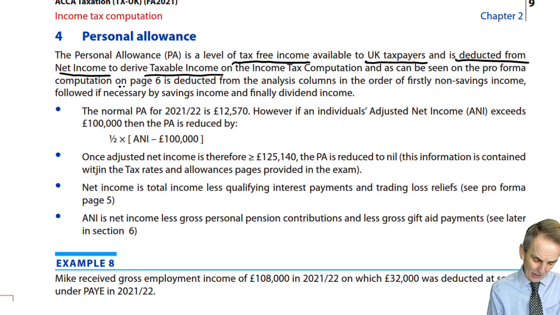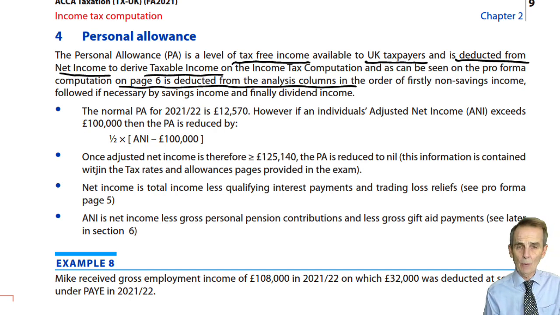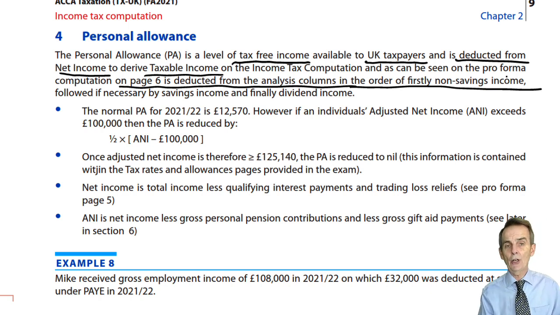It's deducted, as we showed on page 6, and as you've now got used to with the examples you've done up until now, in terms of our analysis columns in that set order. Whether it's a deduction of those qualifying loan interest payments or certain loss reliefs from total income to give you net income, or whether it's the personal allowance now being deducted from net income to give you the taxable income, those deductions are always made in the same order.